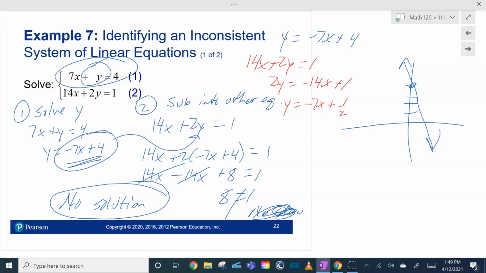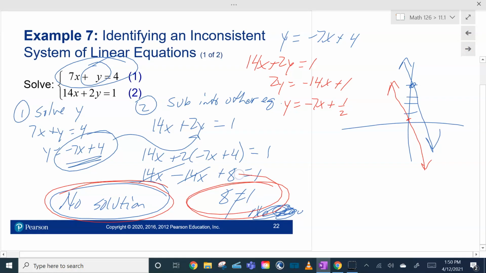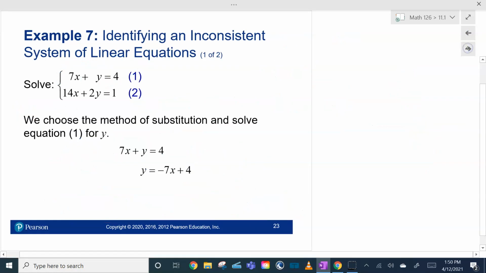It's got an intercept of 1/2, and it's down 7, right 1. This thing is parallel. So they never cross. That's why there's no solution there, all right? These got the same slope. So inconsistent. So that's how you recognize that algebraically, is you're going to have something that's false come up, whether you're doing it by substitution or elimination.